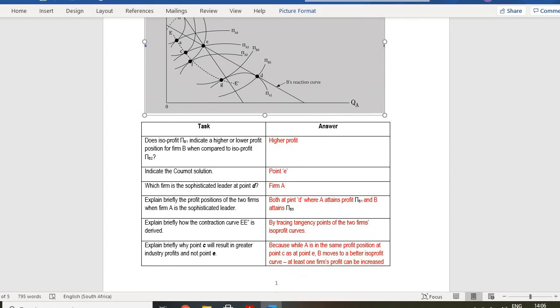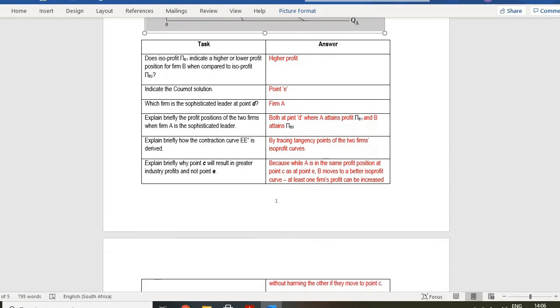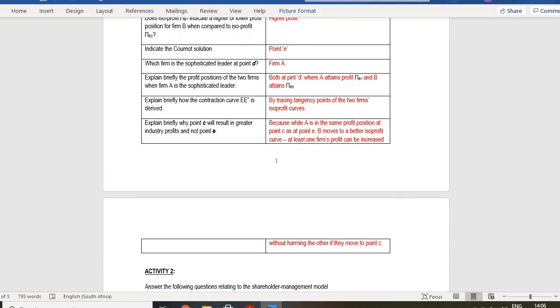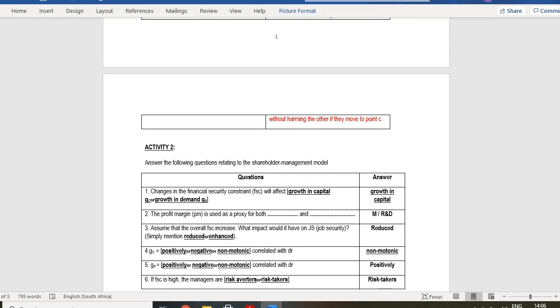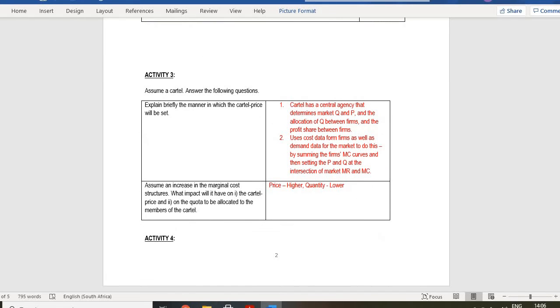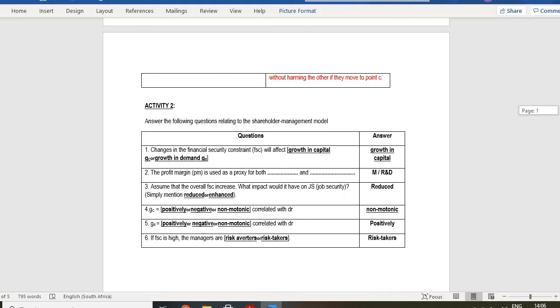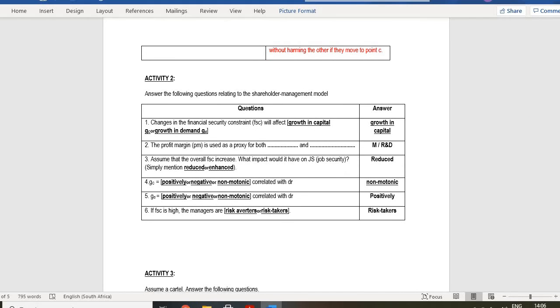Okay, now let's go to activity 2. And then activity 2 says assume the following questions relating to the shareholder management model.